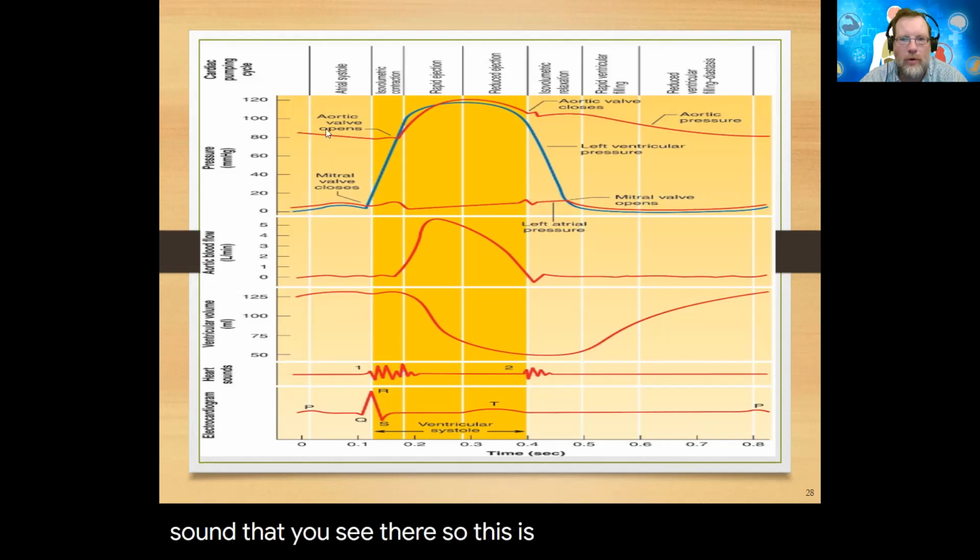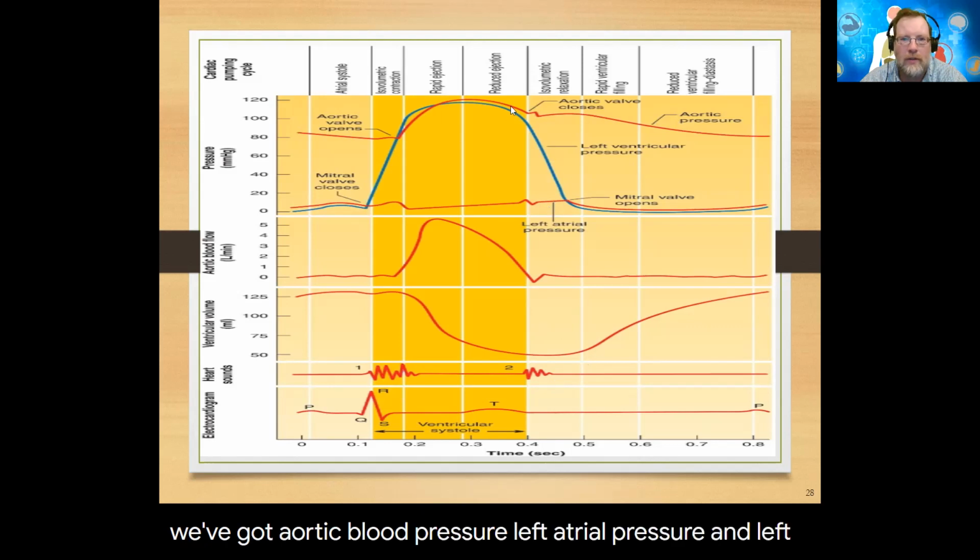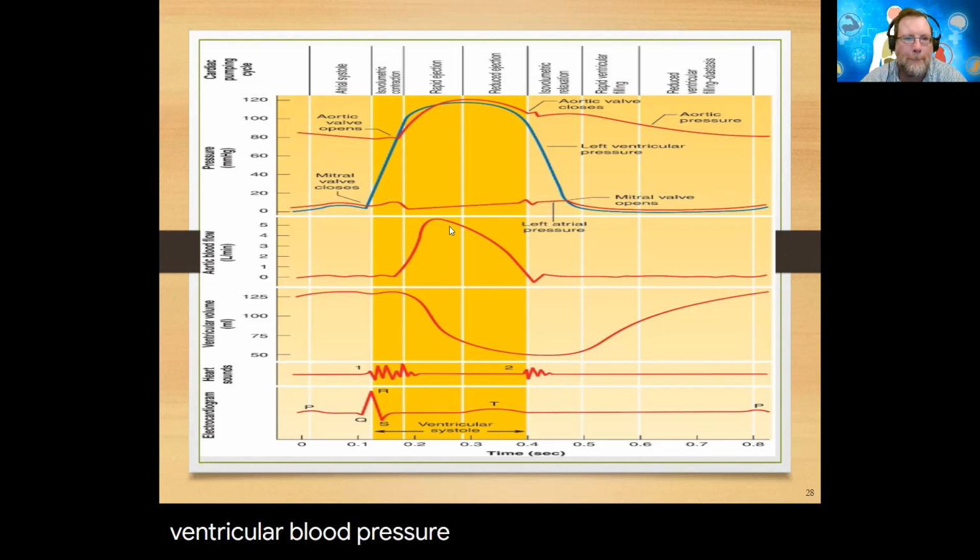So this is measuring pressure. We've got aortic blood pressure, left atrial pressure, and left ventricular blood pressure. Okay, so again, flow and pressure go together, right?